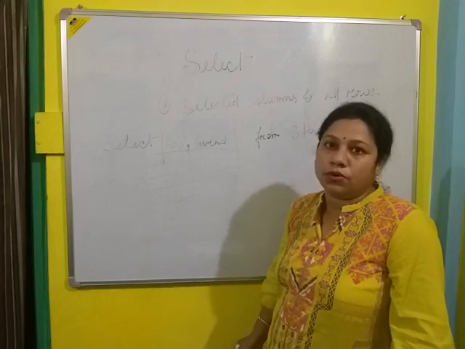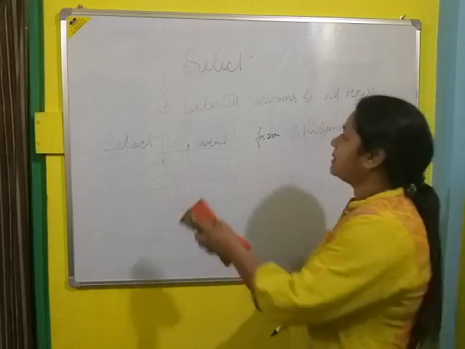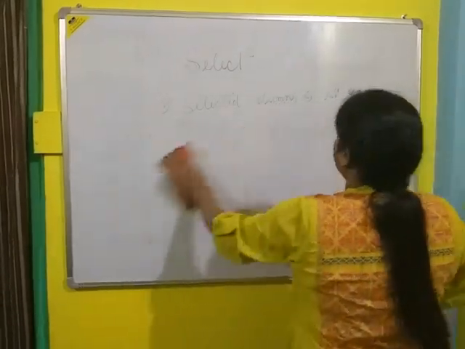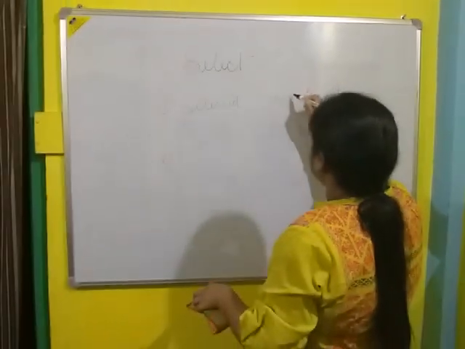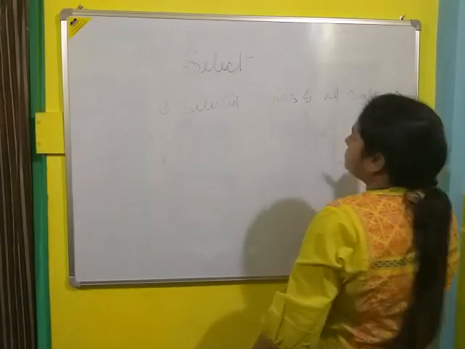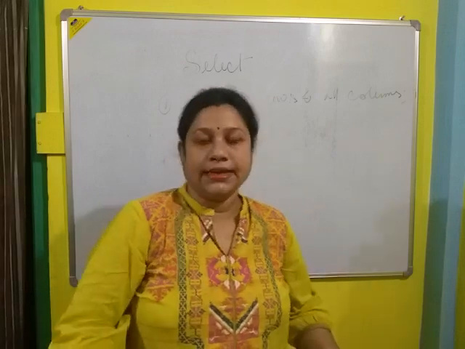So when you give the table name and you execute the statement, it will display all the selected columns with all rows values. Okay, now move to the second method, that is selected rows, all columns. Now here we are going to put a condition.